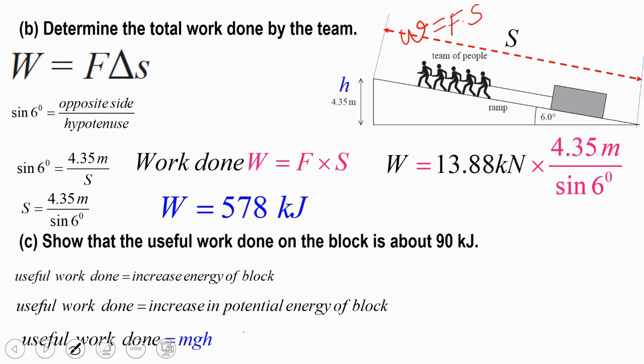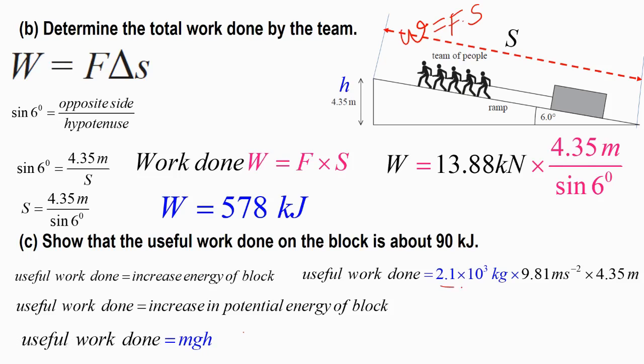What about the height? Height is equal to 4.35 meter. So we can easily calculate the useful work done by substituting the mass of the block, that is 2.1 × 10^3 kilogram, and 9.81 as the acceleration due to gravity, and the height h equal to 4.35 meters.